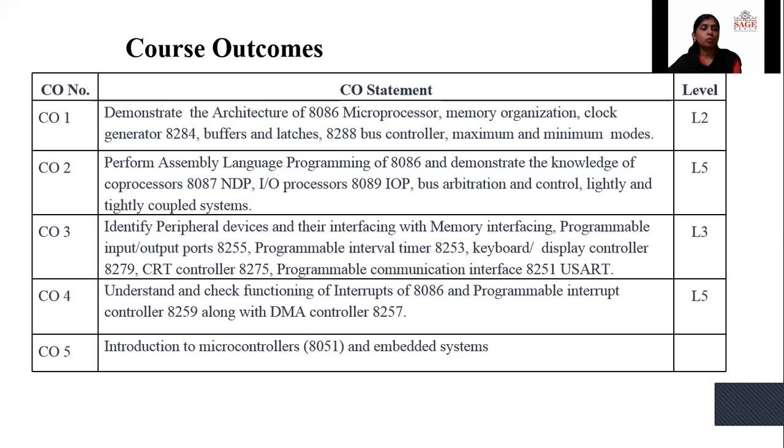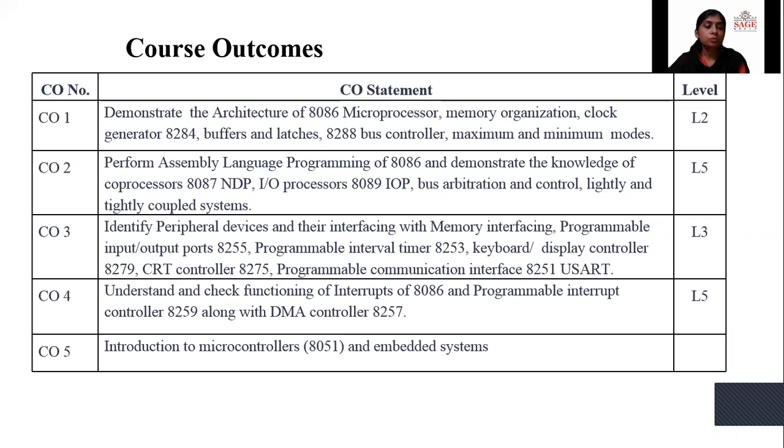The third course outcome is to identify the different peripheral devices and their interfacing with memory interfacing, programmable input output ports 8255, programmable interval timer 8253, keyboard and display controller 8279, CRT controller 8275, programmable communication interface 8251 UART.